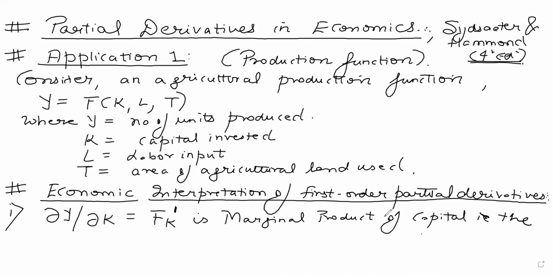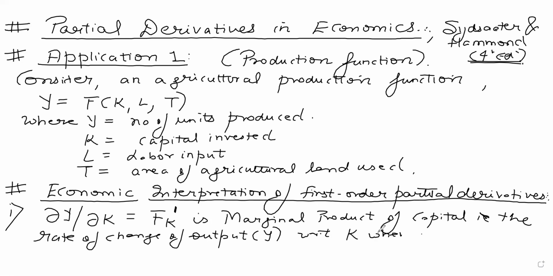That is the rate of change of output with respect to capital when labor and land, L and T, are kept constant, or held fixed. So del y by del k, which is fk dash, gives me the marginal product of capital, the rate of change of output with respect to capital, keeping the other two inputs, labor and land, constant.